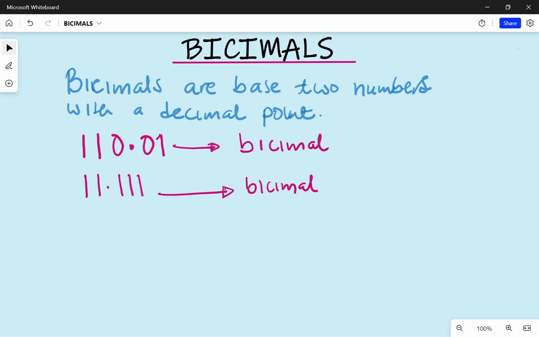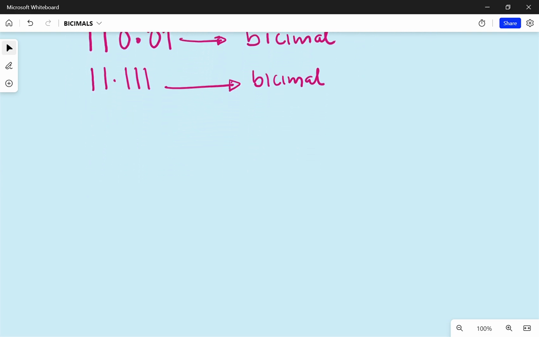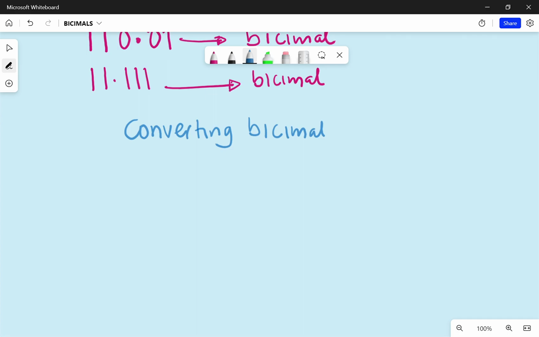Now our main concern today is, how do we convert these to base 10? How do we convert Bicimals to base 10? Let's look at how we can convert Bicimals to base 10.